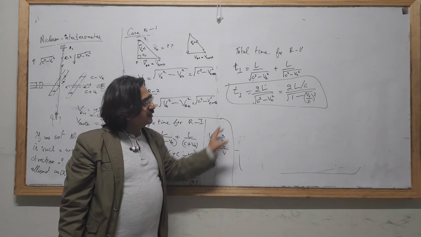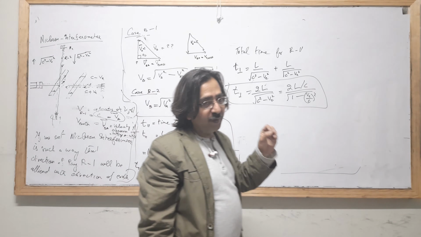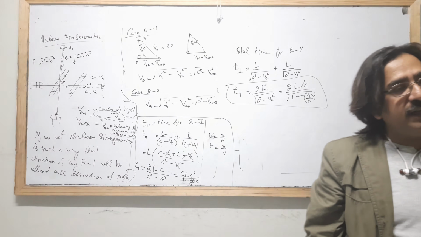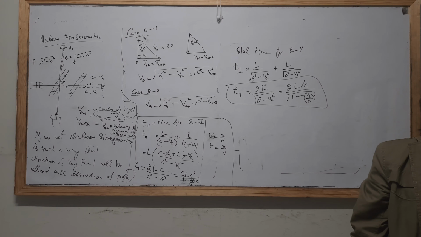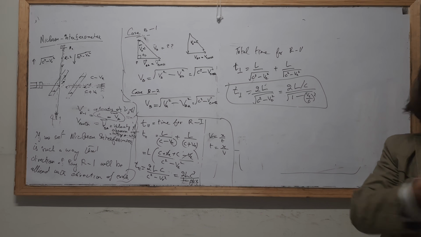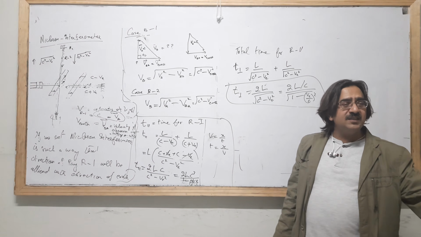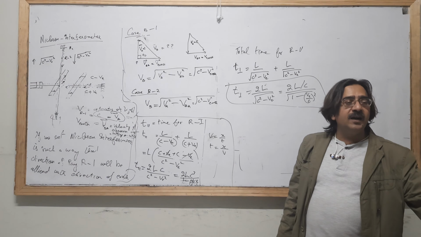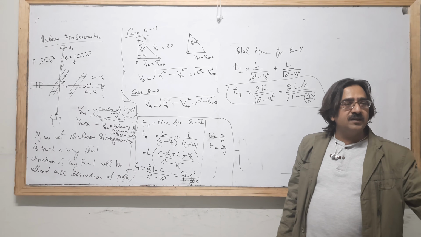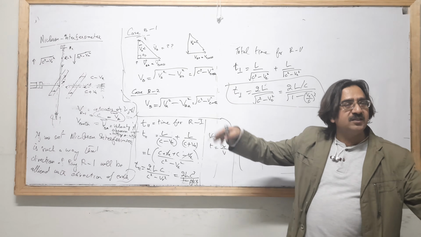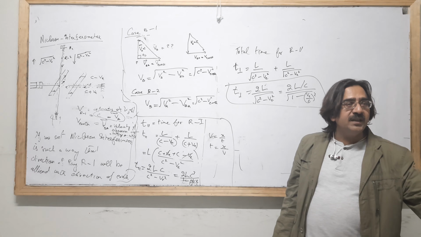If we believe in the Galilean transformation, then the observer must observe different velocities, and due to different velocities, different times. This time is different and this time is different. Due to this difference of time, there must be some interference and diffraction pattern change with passage of time. But it was not happening.